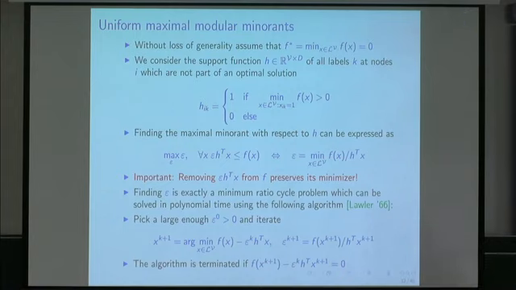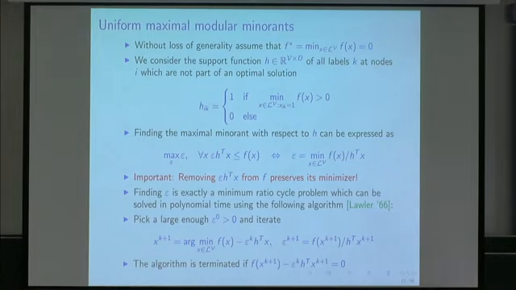So here's the general strategy, which more or less gives you an optimal minorant, in the sense that the unaries are spread uniformly. So first, we might assume without loss of generality that the minimum value of the function is 0. If it was not 0, we can remove the minimum and add it back later. But here we assume it's 0.